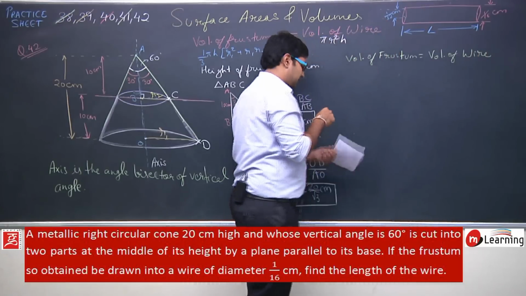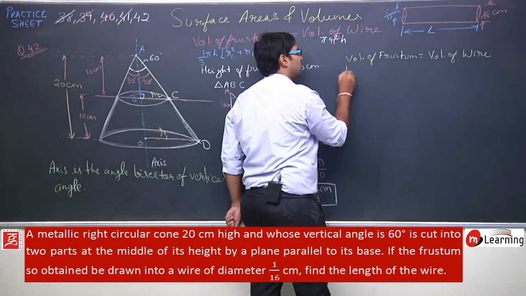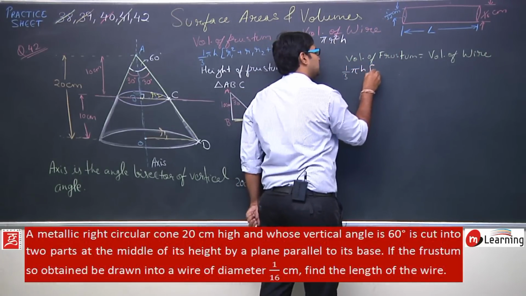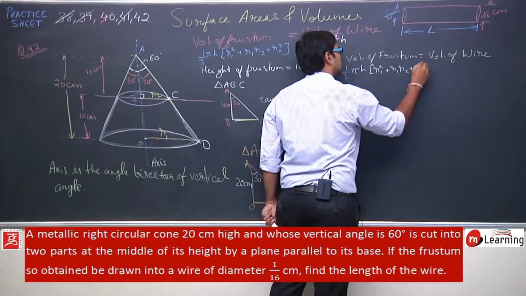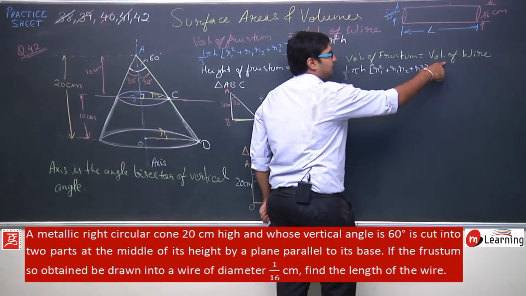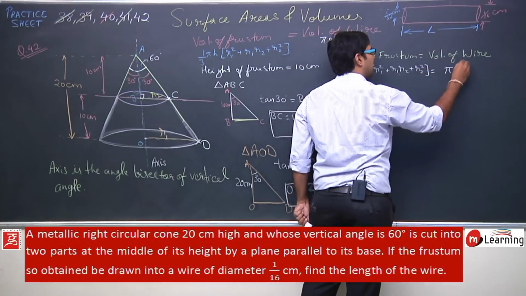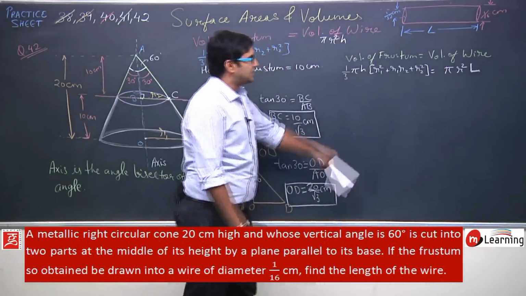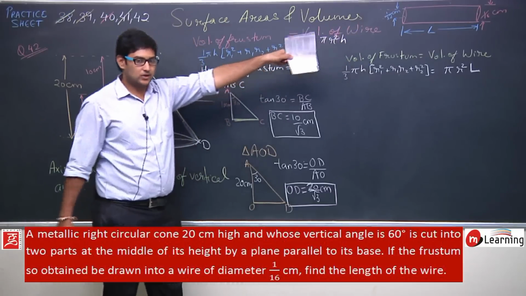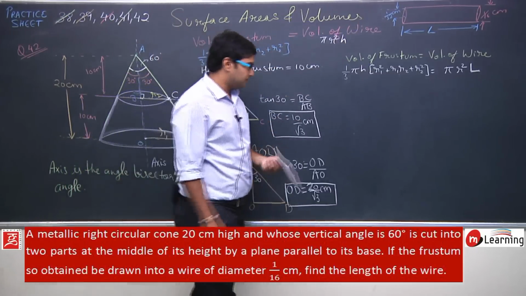In place of volume of frustum I will write 1 upon 3 pi h (r1 square plus r1 r2 plus r2 square), which is equal to the volume of wire, that is pi r square L. Why have I written L? L is the length, or the height, of the cylinder.